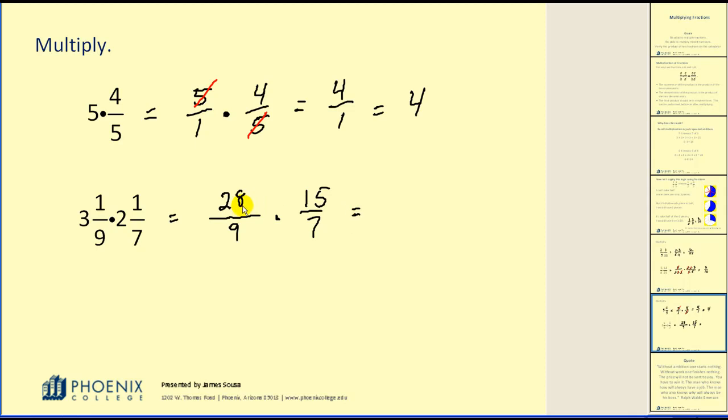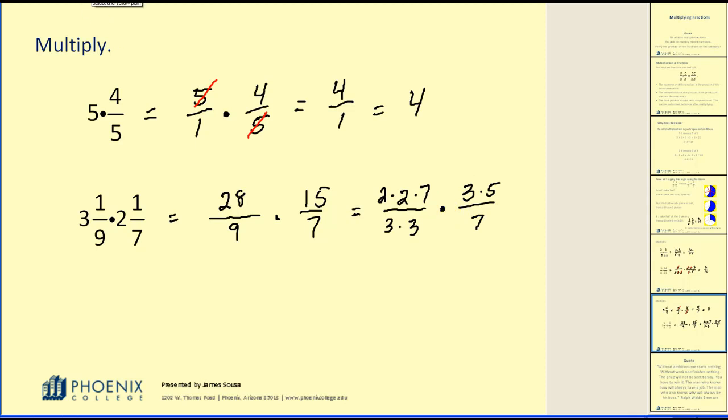Let's go ahead and factor these into their prime factors. So 28, 2 times 2 times 7. 9 would be 3 times 3. 15, 3 times 5, and 7 is prime.